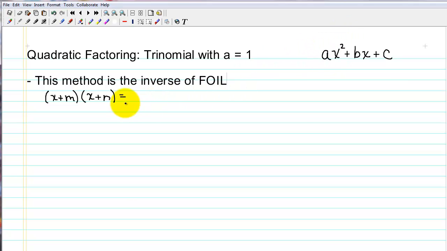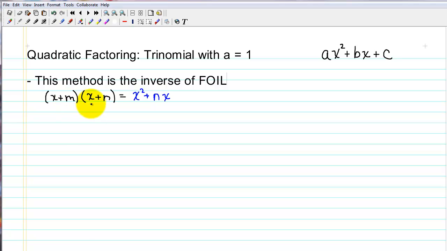In this method we are performing the inverse of FOIL. So let's just perform a FOIL to refresh ourselves on how it works. I wrote out two binomial terms here, and we can multiply those together. If we do first, that'll be x times x. Now we do O, the outside, so x times n, so that gives us nx.